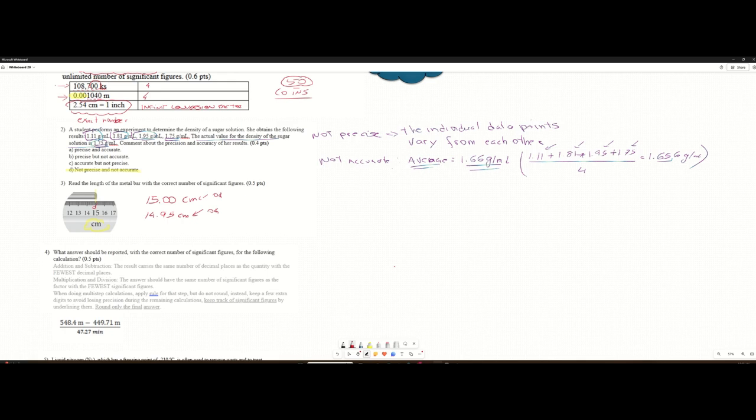And another student said, no, I think the measurement should be over here, between 15.00 and 15.10. So it's going to be 15.05, because it's not 15 and it's not 15.1. So it's going to be 15.05 centimeters. It's also okay. But if I said that it's 15 centimeters, I rounded. It's wrong.